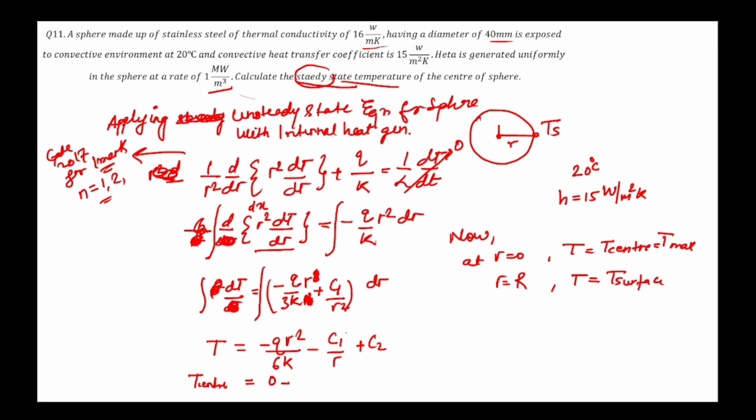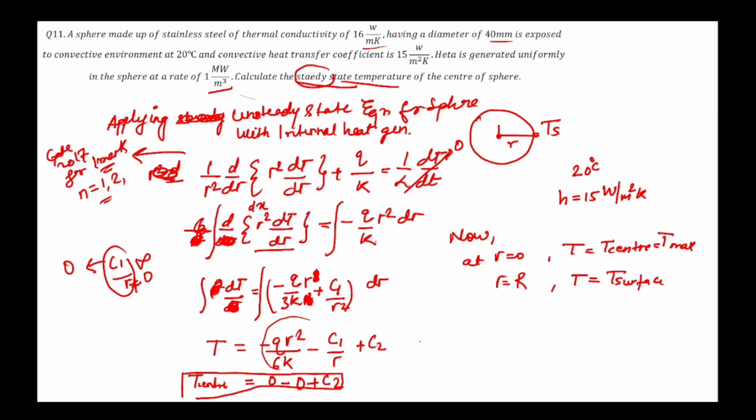Now this term is important, c1 by r. If I put r equal to 0, this whole term becomes infinity, so the complete expression would become infinity. So for this term, r cannot be 0, so only c1 will be equal to 0. So this becomes 0 plus c2, so c2 is equal to T center.